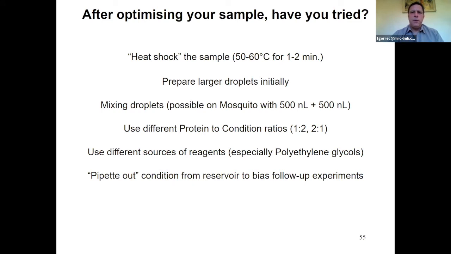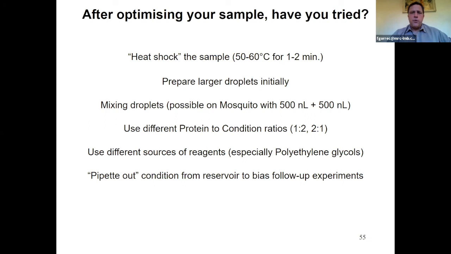The way to be more in control is maybe to mix your droplets first, but you don't know if it's a good idea or not initially. Different ratios are definitely something to try. So now you will not put 100 nanoliters of protein and 100 nanoliters of conditions. You will use different ratios of both, again, to change some parameters of the equilibration.